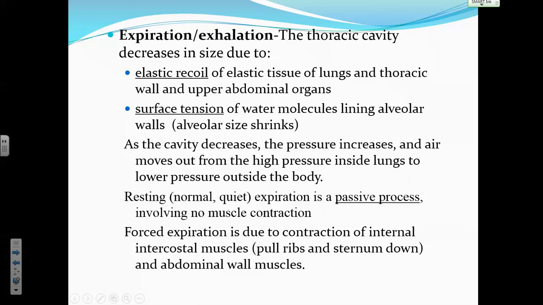Okay, when the rib cage expands and the lungs tissue expands, it's going to rebound. And so that rebounding is called elastic recoil. So do you see how that decreases the alveolar size, which does what to the air pressure, alveolar pressure? It increases it.